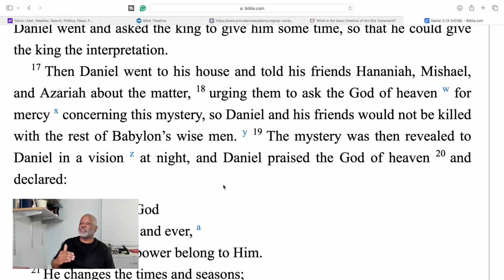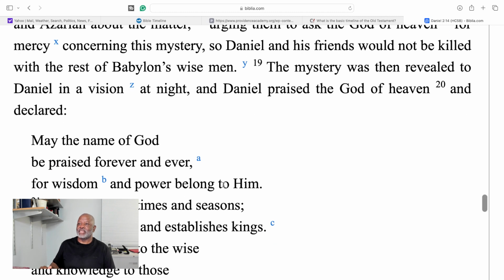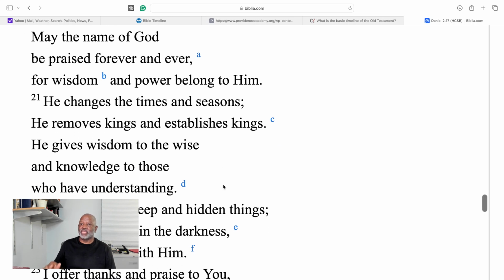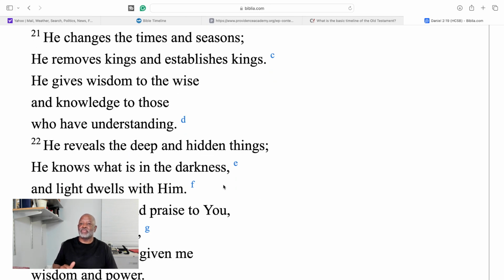And the mystery was then revealed to Daniel in a vision at night, and Daniel praised the God of heaven and declared, May the name of God be praised forever and ever, for wisdom and power belong to him. He changes times and seasons. He removes kings and establishes kings. He gives wisdom to the wise and knowledge to those who have understanding.